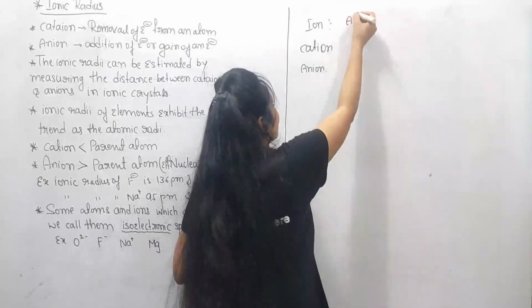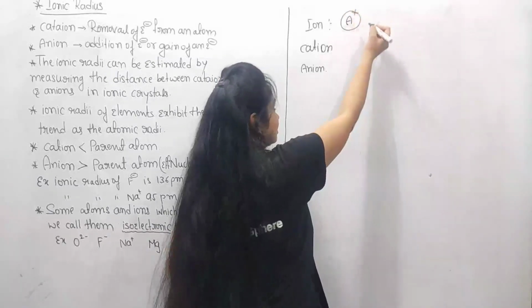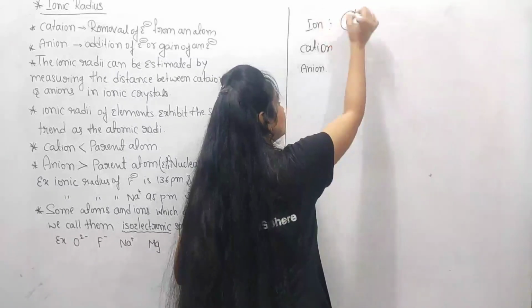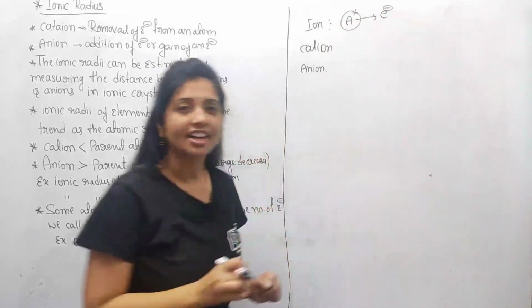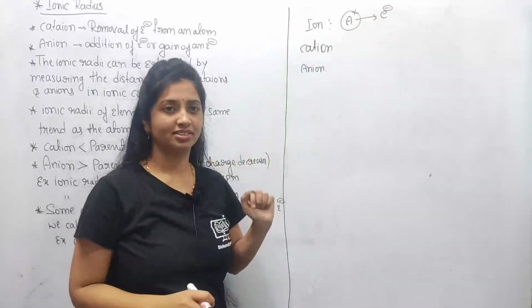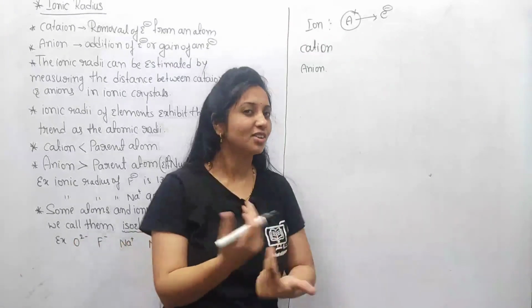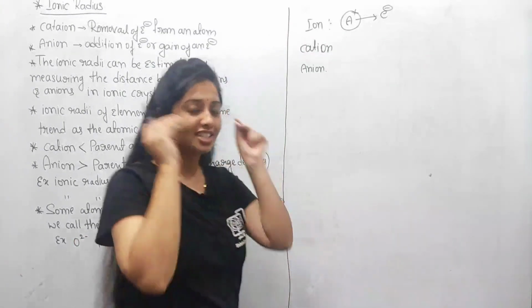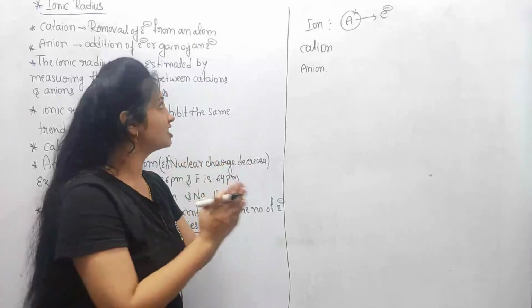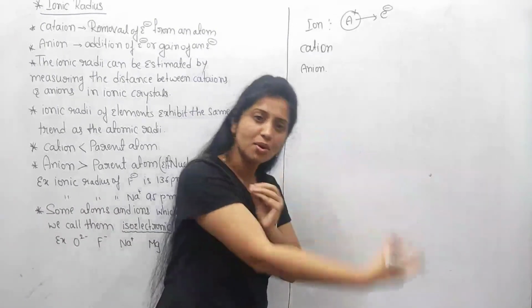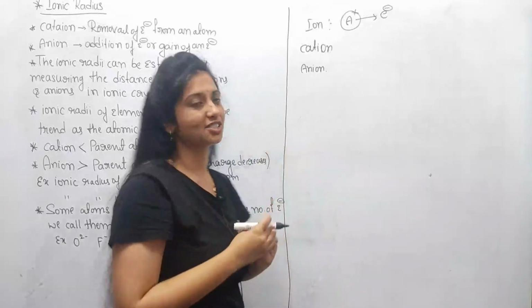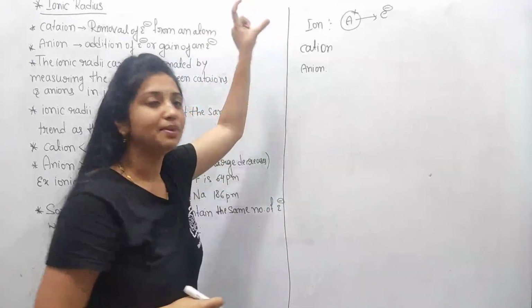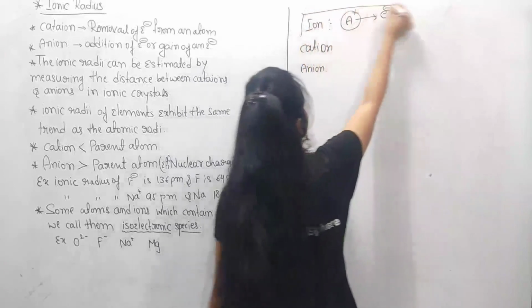If you add one electron to this or you remove one electron from this atom, then it becomes an ion, either a cation or an anion. Just remember one thing, guys: if you remove an electron from an atom or add one electron to the atom, then it becomes an ion.